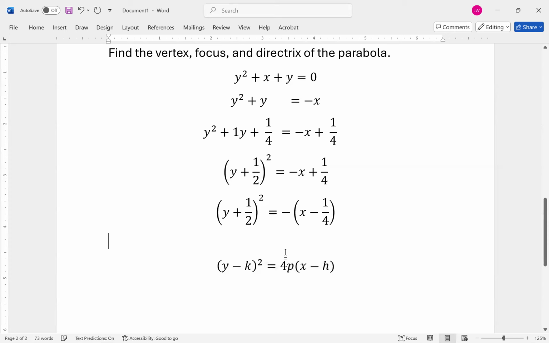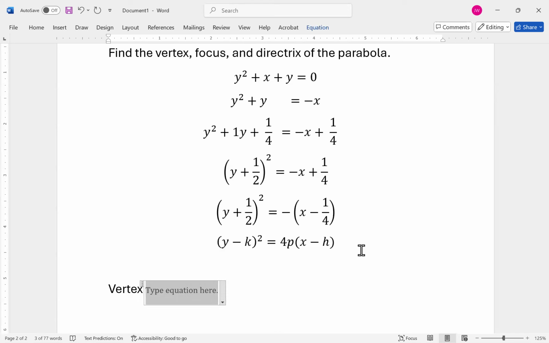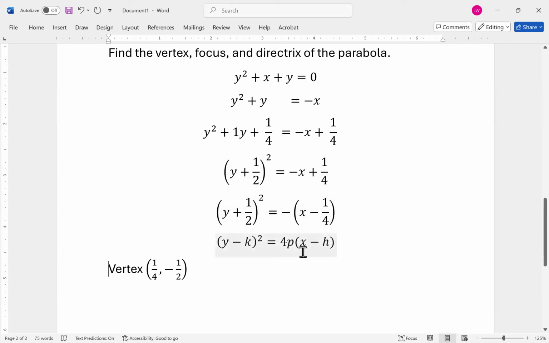And then usually I just leave the equation like that. Once I see the equation like that, then we can say our vertex of this parabola is 1/4 comma -1/2. That's just h comma k in this equation.